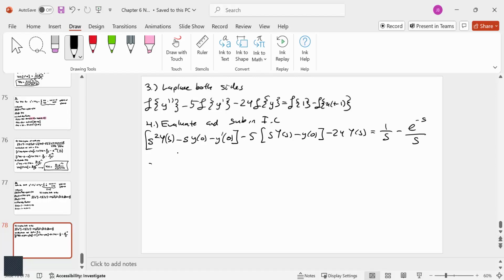And then we get s squared y of s minus 0 minus 0 minus 5 times s y of s minus 24 y of s equal to 1 over s minus e to the negative s over s. Thankfully, no 5s except, I guess, this one right here.